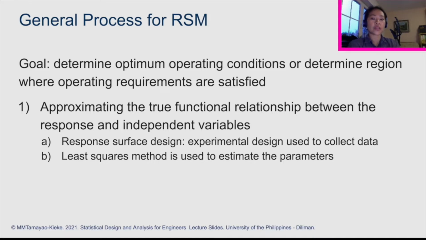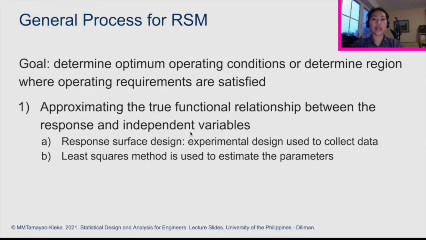Therefore, the first step is to approximate the true functional relationship. Okay, now we then conduct experimental designs to collect the data in order to be able to later on fit a model to this data and approximate the functional relationship between the response and the independent variables.